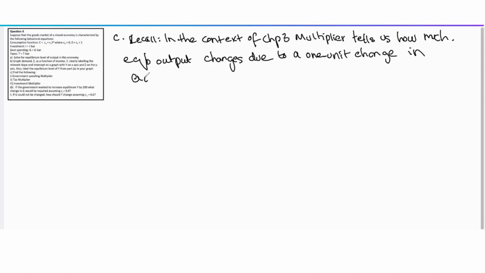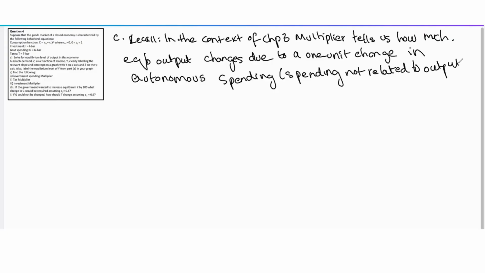By autonomous spending, you mean spending not related to output or income.